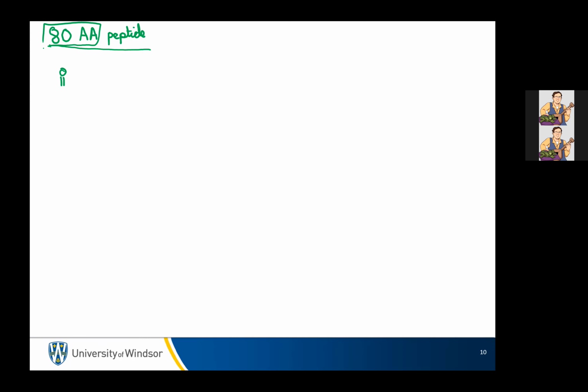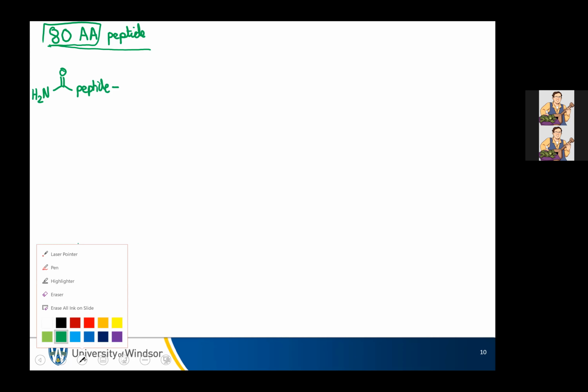But let's say it doesn't matter what's on the end. So what we can do is make two peptides using solid phase synthesis.